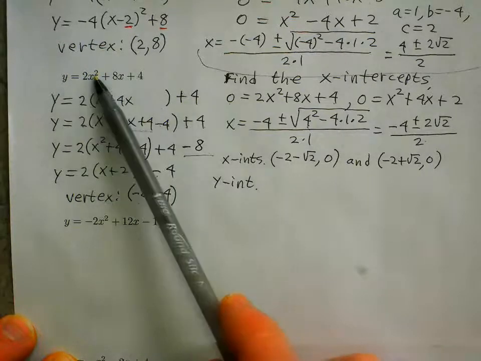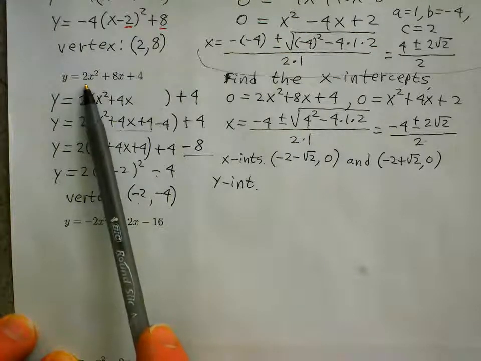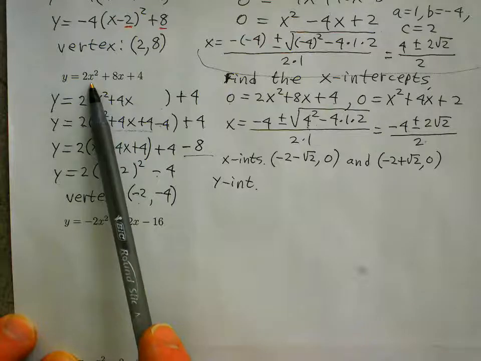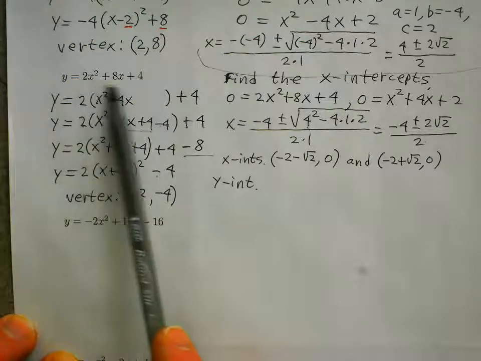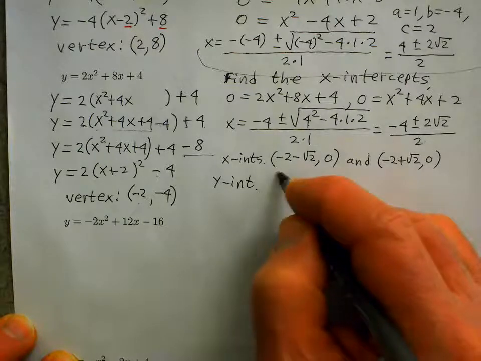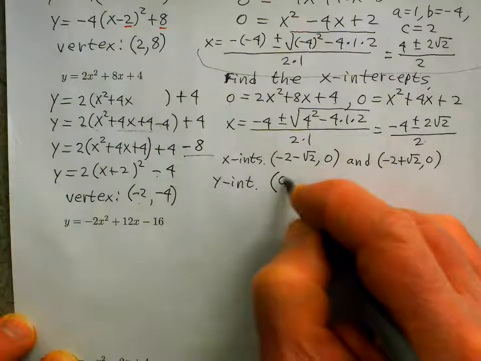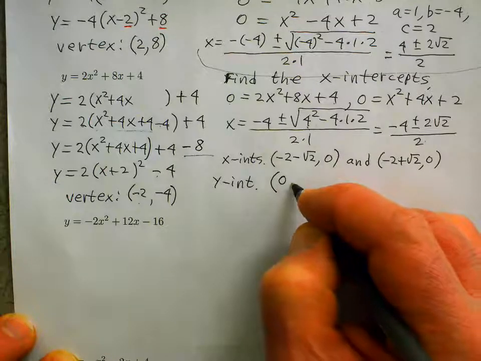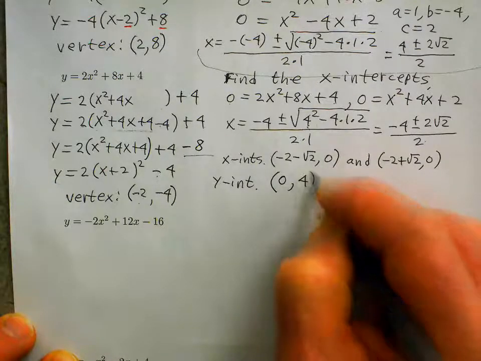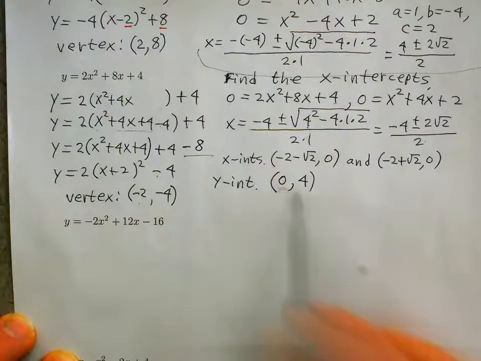But the standard form is usually easier when you're trying to find the y-intercept. Replace x with 0, we get 4 for the y-coordinate. When we're looking for the y-intercept, the reason that we replace x with 0 is because the y-intercept has an x-coordinate that is equal to 0.